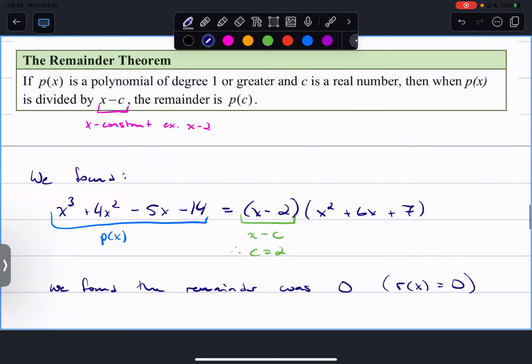But what we can do is confirm it by taking p at 2.